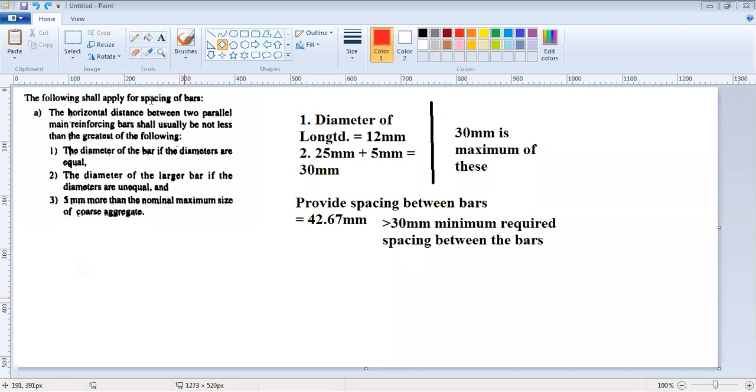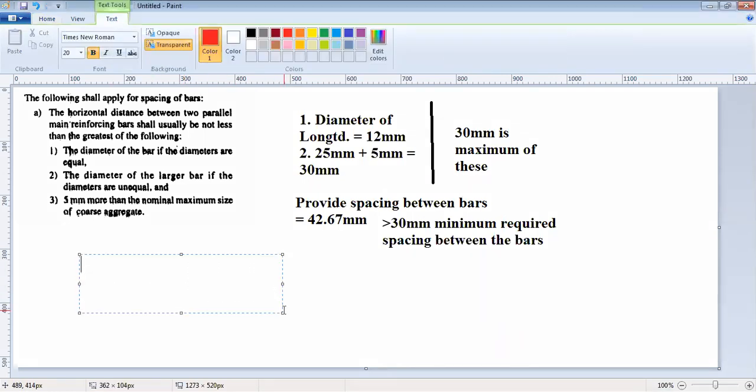So what we have to do is, जो हमने प्रोवाइड किया 42.67, it's less than 150 mm, which is maximum spacing between the bars.